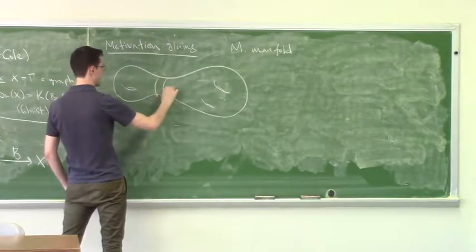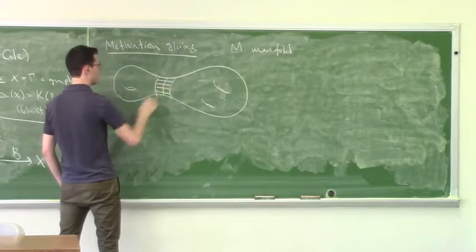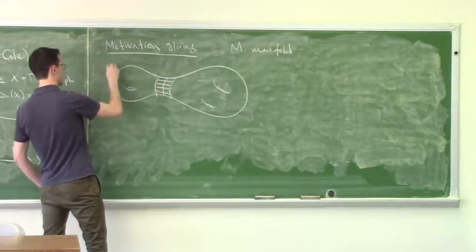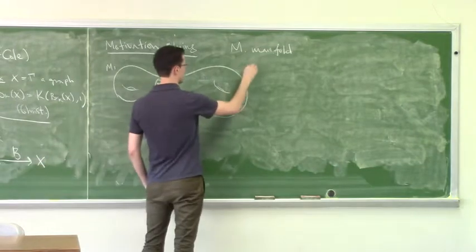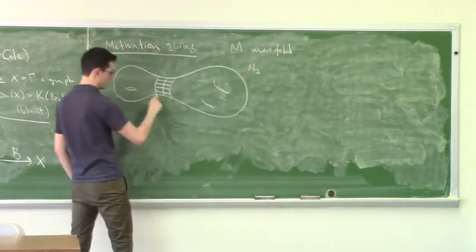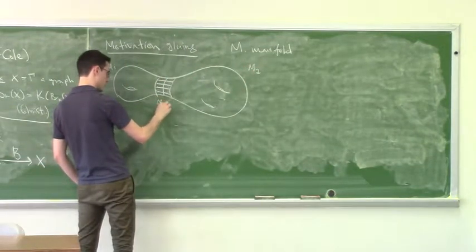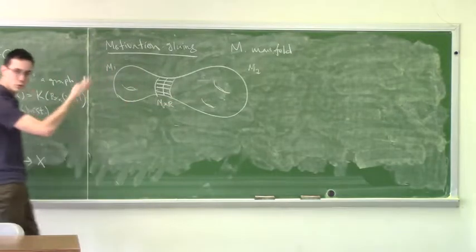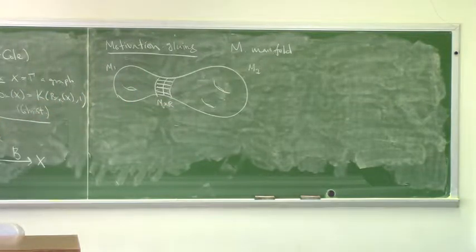So let's say I have this kind of decomposition where this left piece I'll call M1, this right piece I'll call M2, and this middle piece I'll call M0 times R. I have some codimension 1 submanifold, and I'm gluing together along a collar like this.